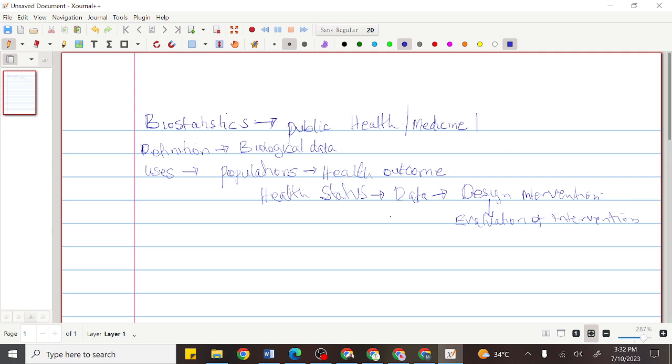The other aspect that we can also use data for is what we call evidence-based policy making. Okay, you don't want to make policies that are not evidence based. So this is also another area of emphasis. It can be related to what we have just described here. Evidence-based interventions are very important.